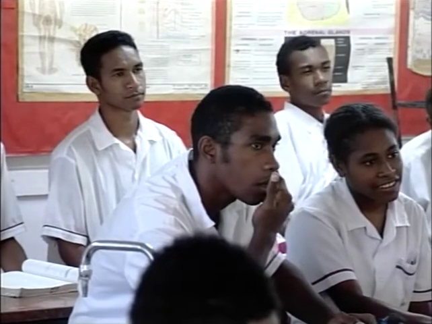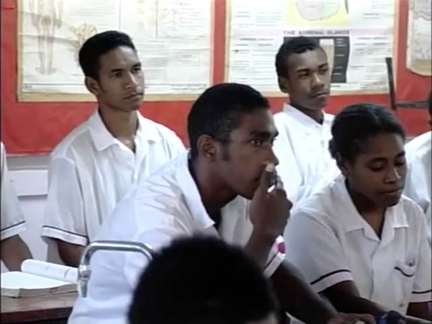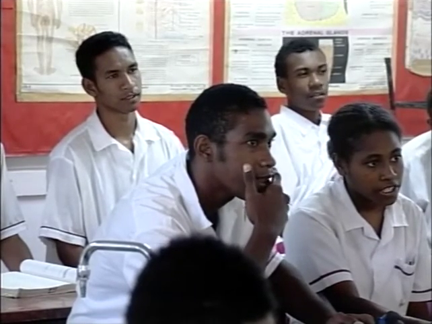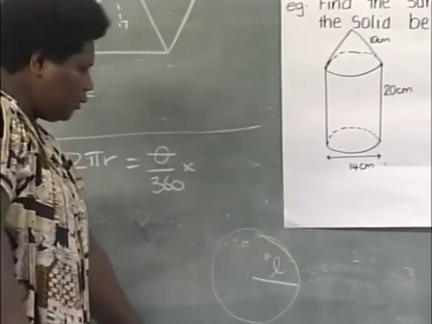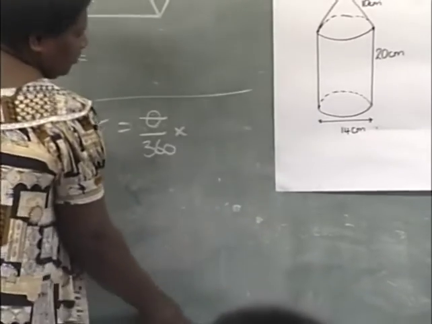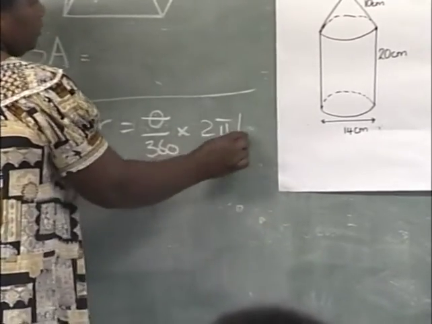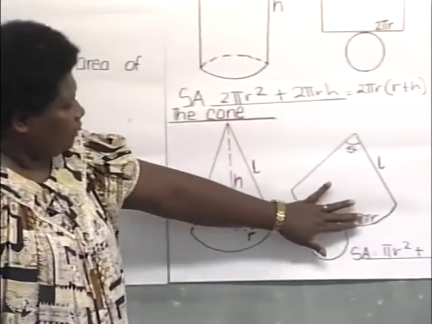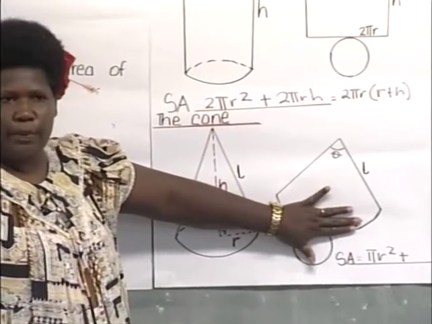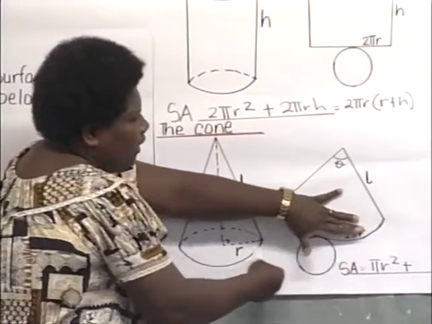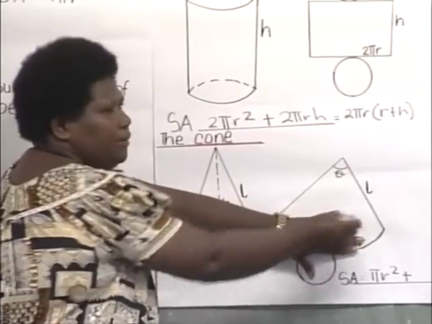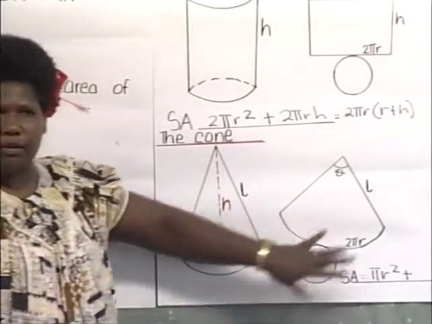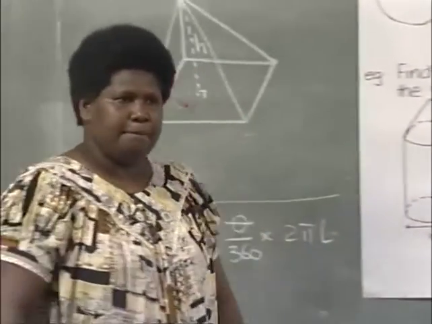What would be the circumference of this circle if the radius was L and not R? 2 pi L. So why is it taking so long? 2 pi L. I said, what is the arc length? If you didn't know that it's 2 pi R, how would you find this arc length if this is theta and the radius is L? It is part of the circumference of a circle.